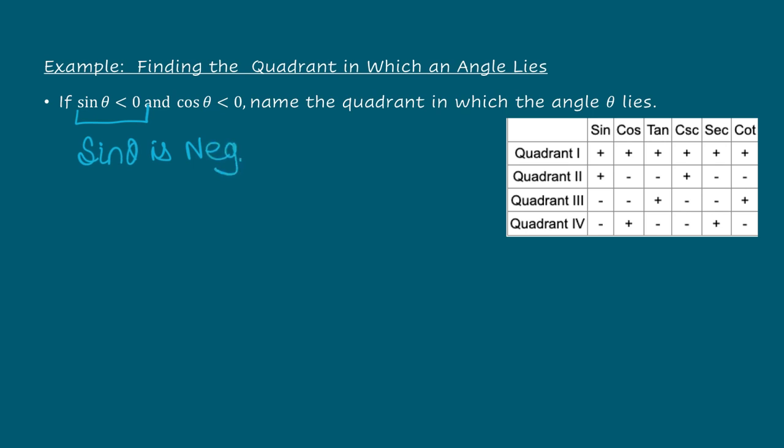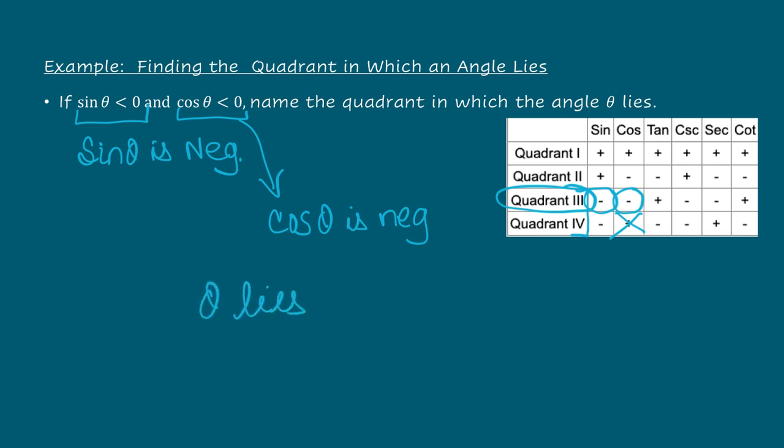Sine is negative in quadrant 3 or quadrant 4. Cosine is also negative, so it's not quadrant 4, it must be quadrant 3 where both are negative. So theta lies in quadrant 3.